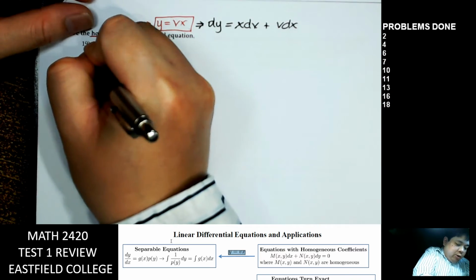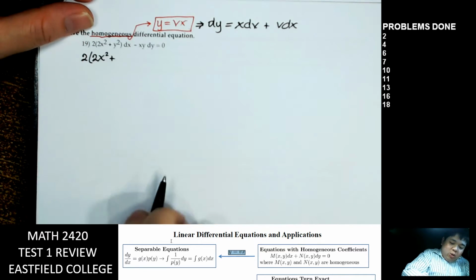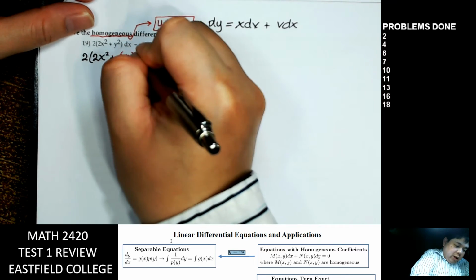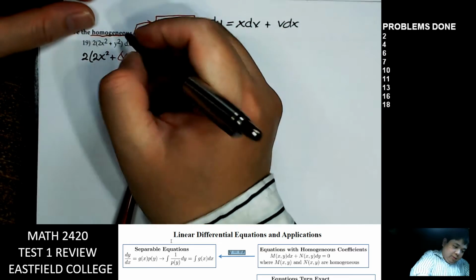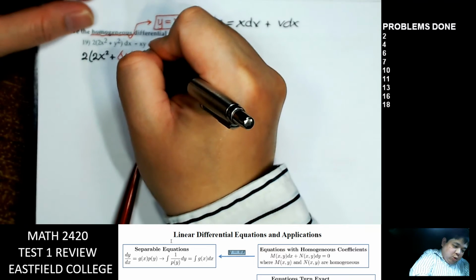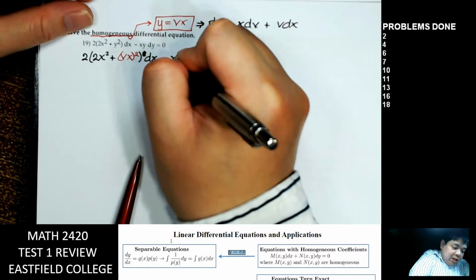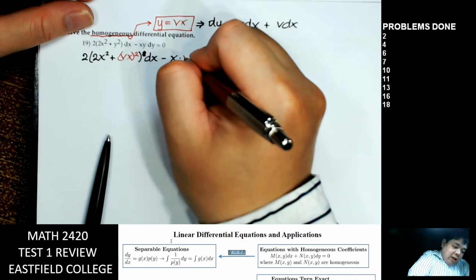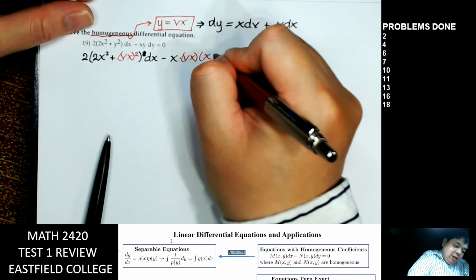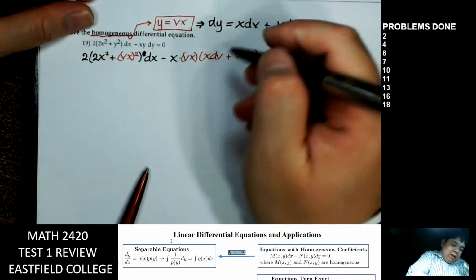We have 2x squared y squared. We're going to have vx squared, there's no square here, sorry, minus x, y is vx, dy is this, equal to 0.